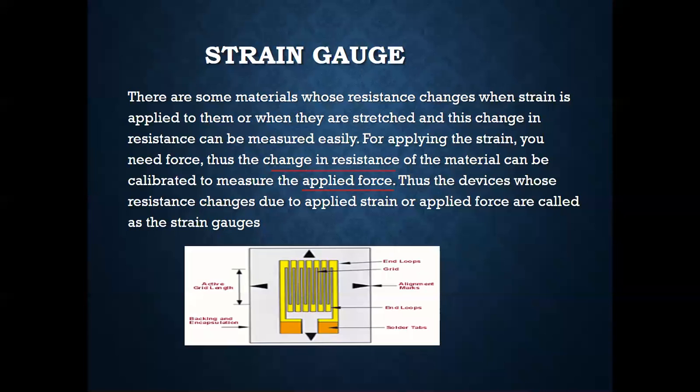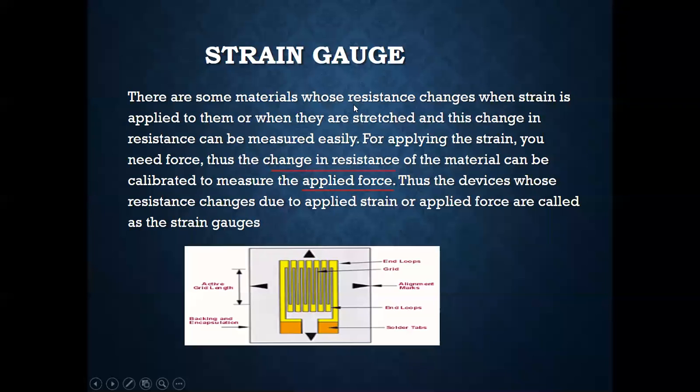If the length increases, we know that the resistance is equal to rho L by A. If length is increasing, resistance is increasing. If length is decreasing, resistance is decreasing. So this property is used in the case of strain gauge.